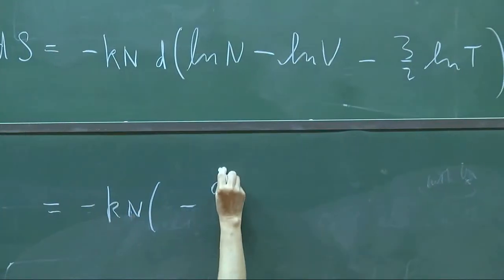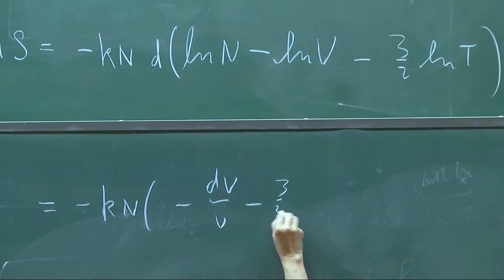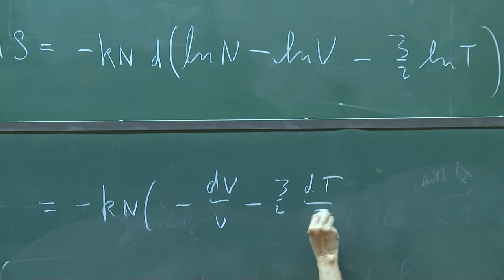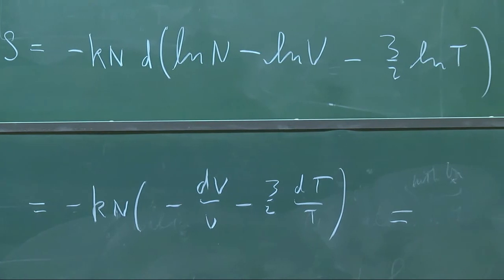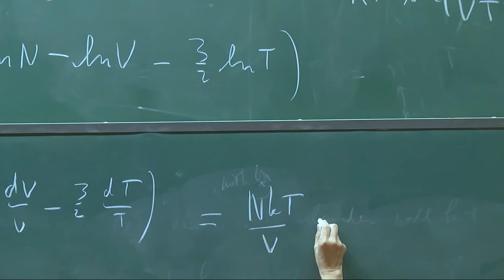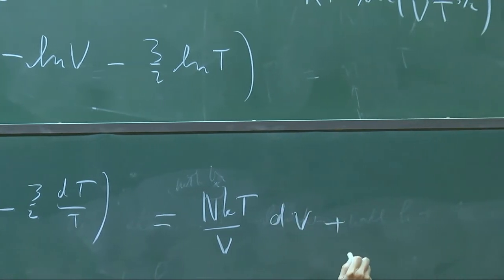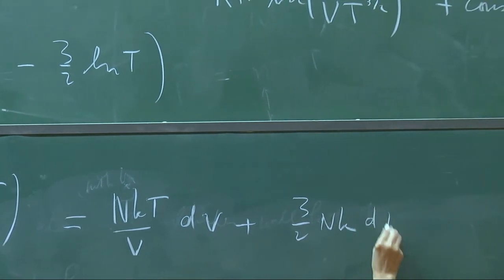So it's minus dV over V minus 3/2 dT over T. And if I just multiply this inside, the minus signs cancel. I just get nkT divided by V times dV plus 3/2 nk dT.